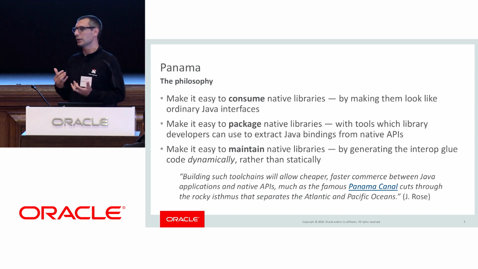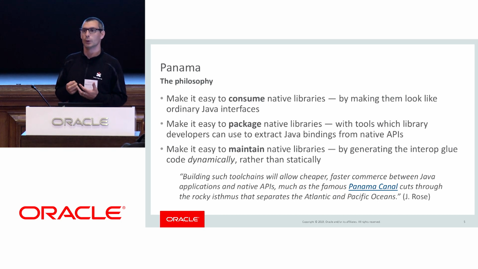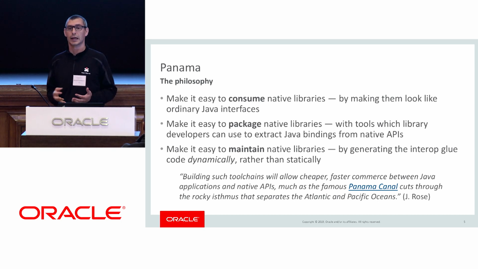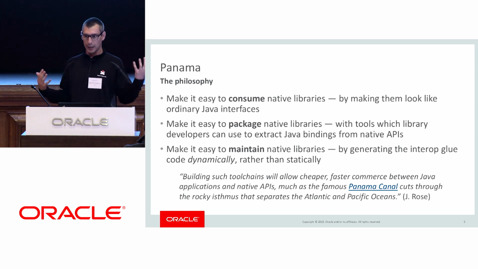And the idea is that if bindings are easy to generate, and if you have tools to generate them, then there will be more bindings available to Java developers, and there will be more Java developers actually taking advantage of the great libraries that are out there that may not be written in Java. So the motto of Panama is essentially lowering the barrier and the impedance mismatch between Java and native libraries.